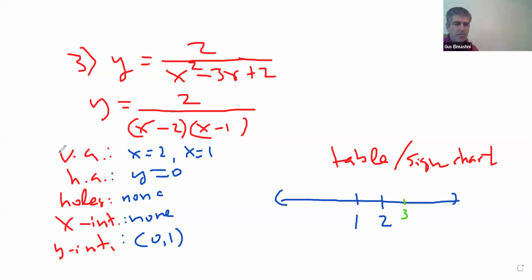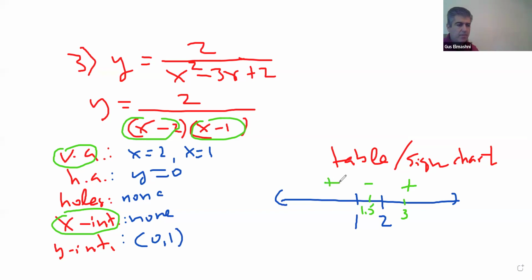When I make the sign chart, I focus on the vertical asymptotes and the x-intercepts, because that's where you see a change in the sign of y, where y goes from positive to negative or vice versa. So if I plug 3 in, obviously y is positive. If I plug 1.5 in, that becomes negative.